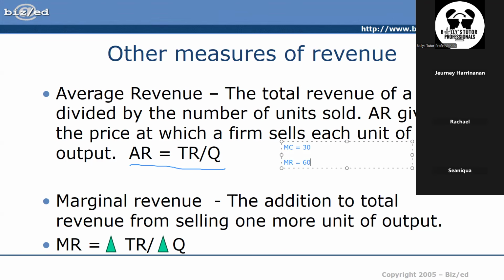Yes, I would, because I'm getting more revenue than cost for producing it. If the marginal cost was 80, would you produce it? No, because it's costing more than the revenue it's getting.